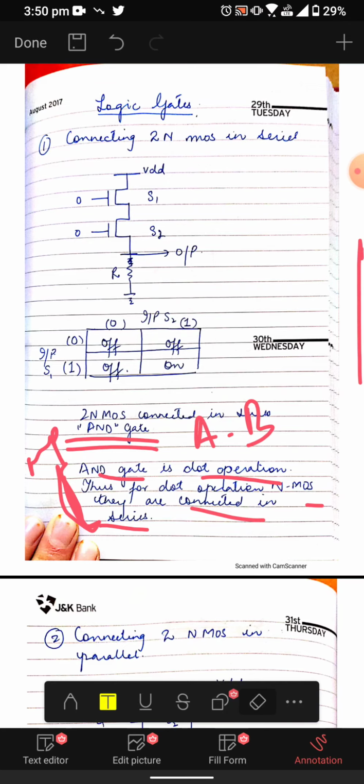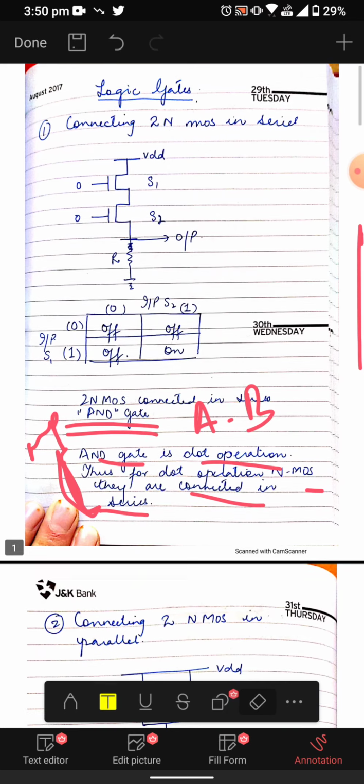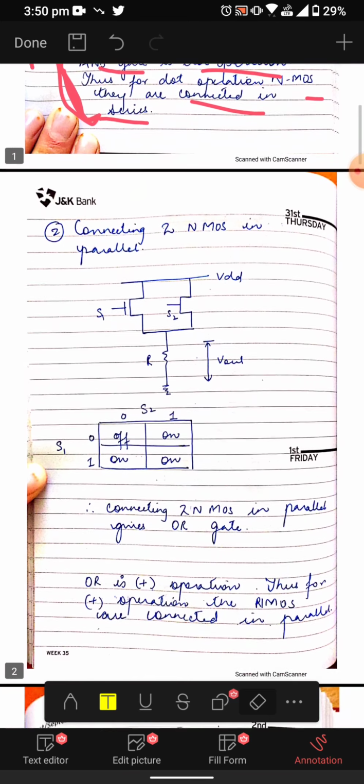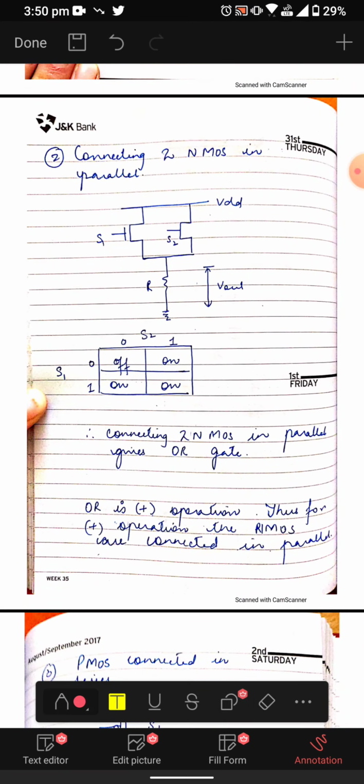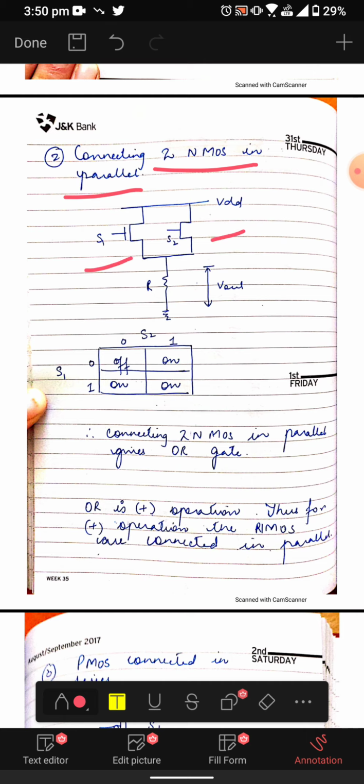Now this was when we connected two NMOS transistors in series. Let's see what will happen if I connect two NMOS transistors in parallel. This is simple. If you understood the previous one, you can easily understand this one. Here this is my MOSFET S1, this is another MOSFET S2, both are N-type in nature. This is the input side of S1 and this is S2.